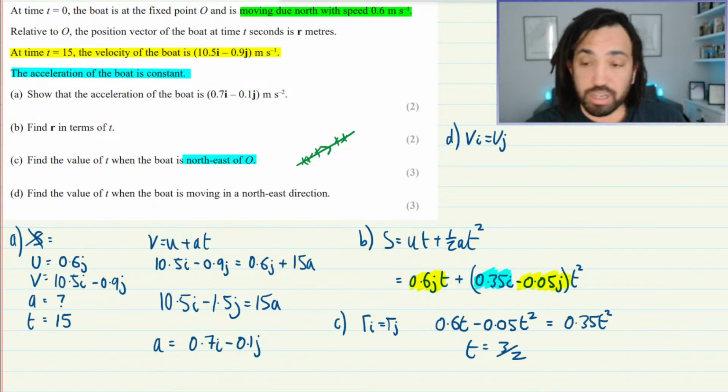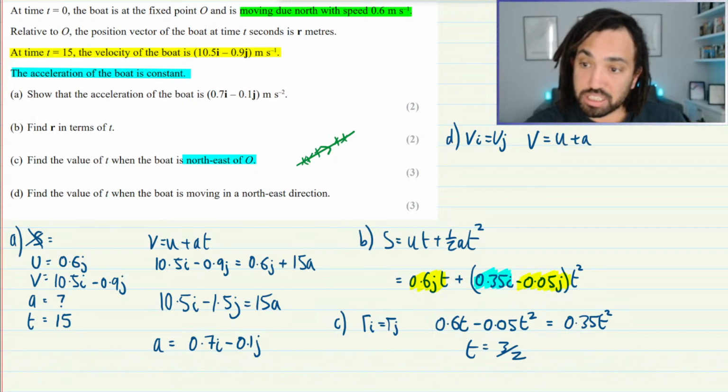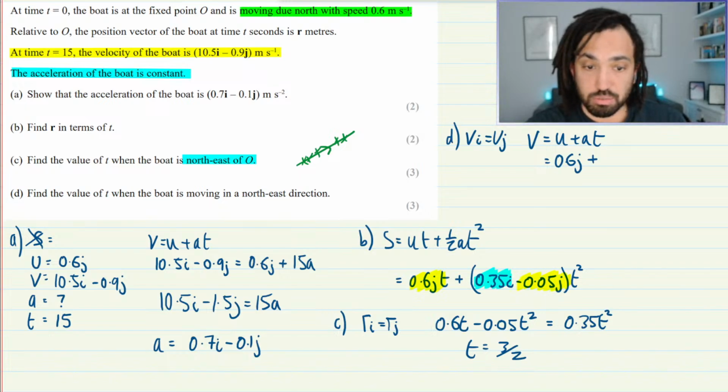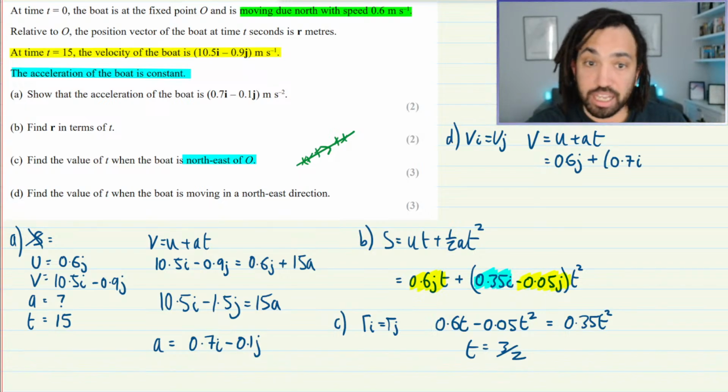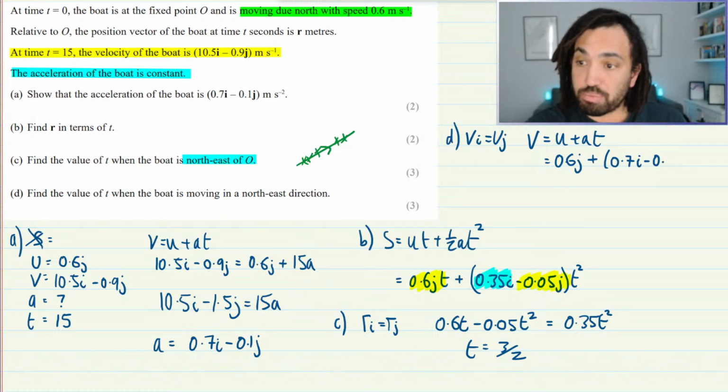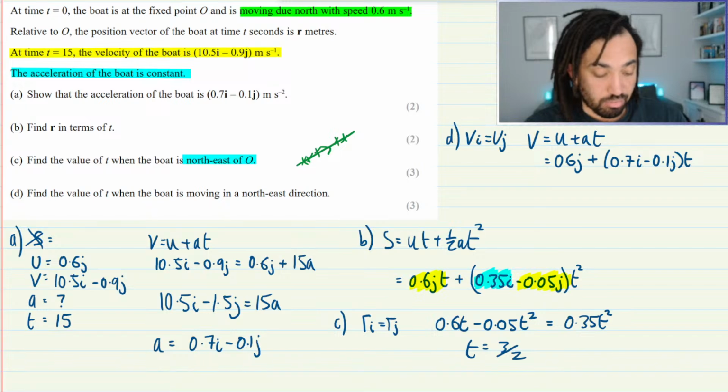So the velocity equation, we don't quite have it yet, do we? But it's just u plus at, which is 0.6j plus, what was the acceleration? Where is it? There it is, 0.7i minus 0.1j, t. Okay, great.